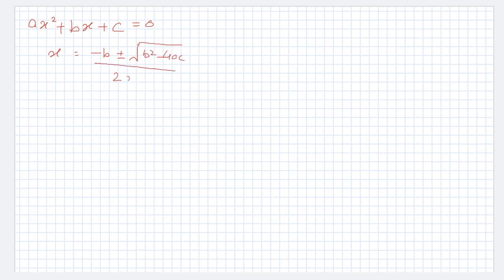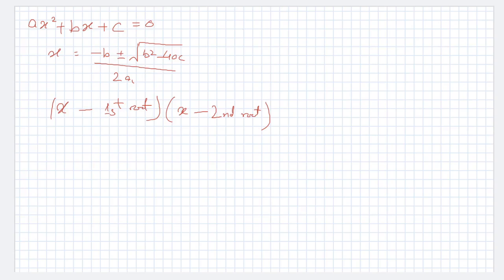So these are the two roots, one with the plus sign, one with the minus sign. If these are the two roots, can we write it in the factorized form? Why not? So I can write it down like x minus first root times x minus the second root. And first root is, let's suppose I can take it with the plus sign over here, and the second root I can take it as minus sign.